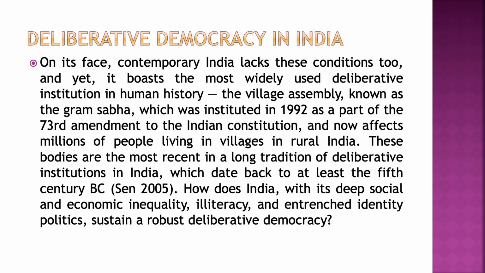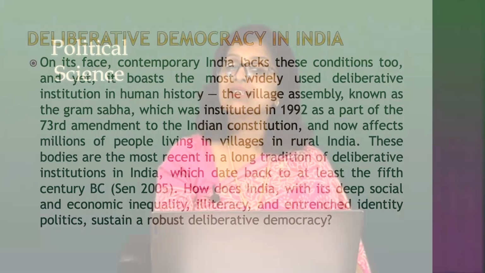These bodies are the most recent in the long tradition of deliberative institutions in India, which date back to the 5th century. How does India, with its deep social and economic inequalities, illiteracy and entrenched identity politics, sustain a robust deliberative democracy? This is a question which has intrigued a lot of political scholars and thinkers.